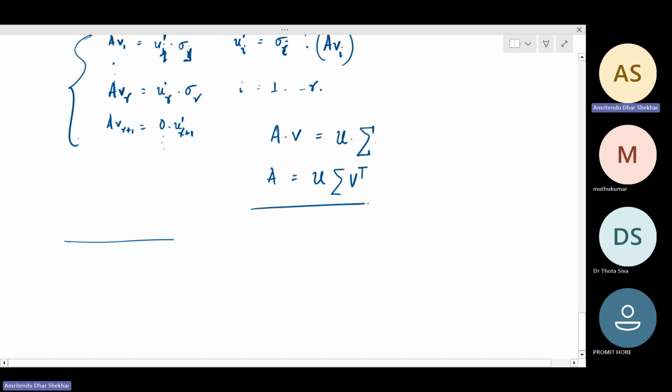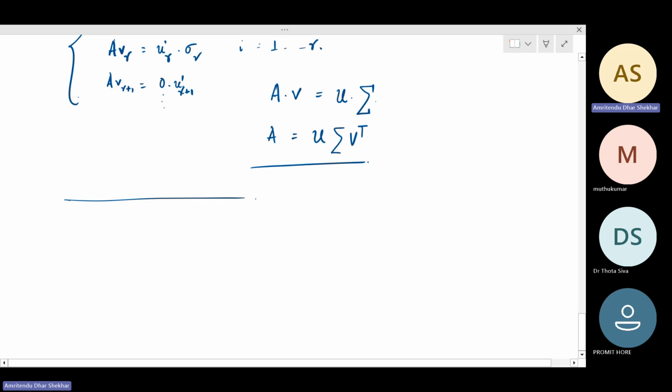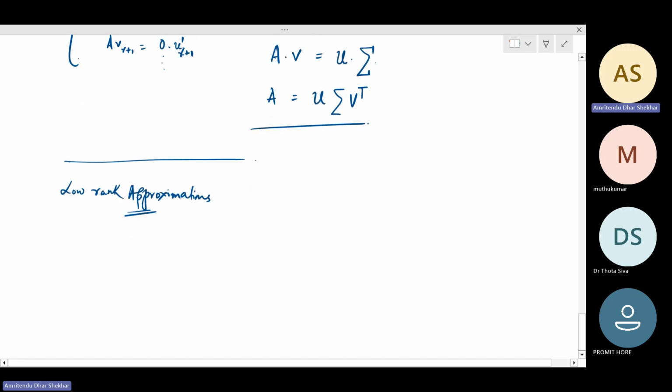The other thing that is going to be needed for this week is what we call low rank approximations. Low rank approximation is basically saying this: you are given a matrix A and some K, where K is a scalar.